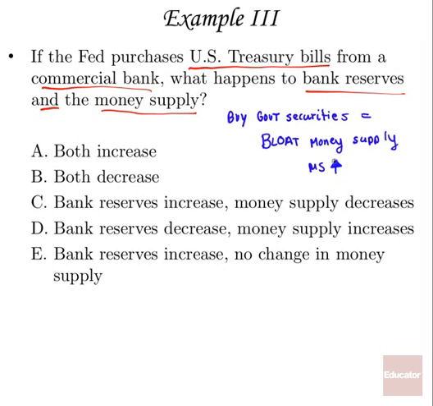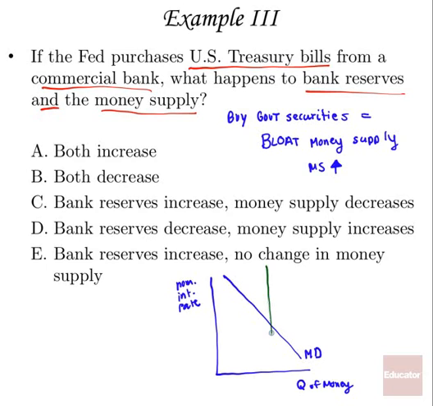Now, I know it's going to be introduced later on, but let me draw you the money market graph here. Here's the quantity of money, and here's the nominal interest rate. You have the money demand, and you're going to have the money supply. Let's make it green because supply of money is green. So MS1.